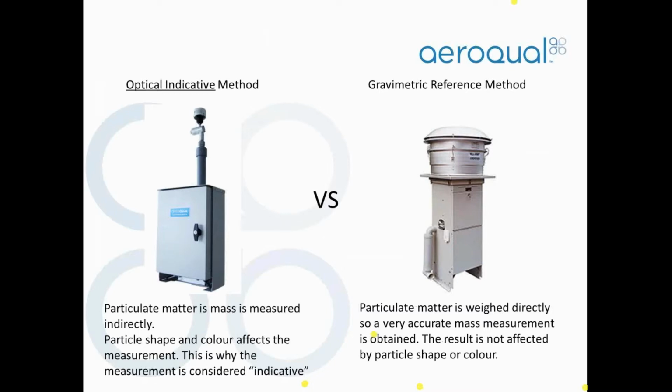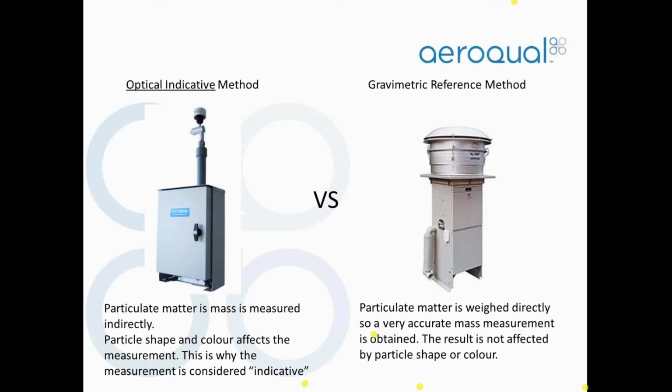Okay, so I'd like to come back to this idea of what a lower accuracy or higher uncertainty method is relative to the reference method. With the gravimetric reference methods, the particulate matter is collected and weighed directly.